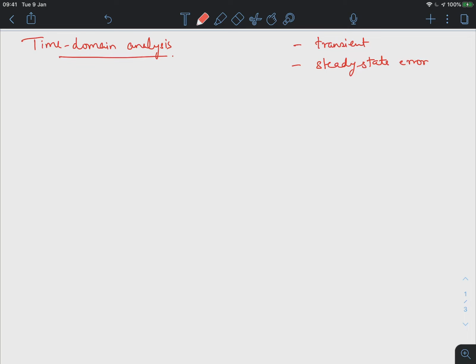Okay, so we shall see that if you are given a system with a higher order than first or second, then how you can analyze the performance of the system.